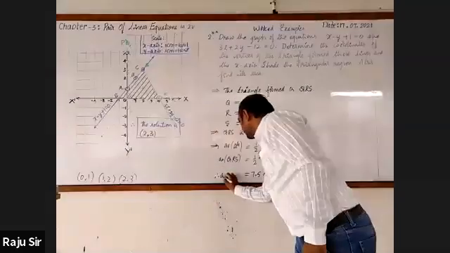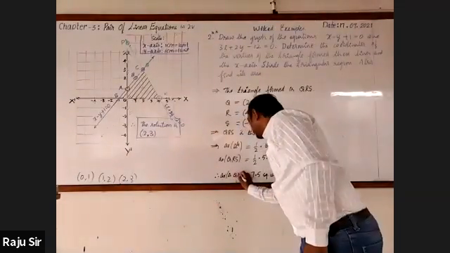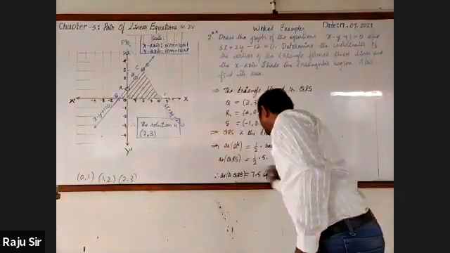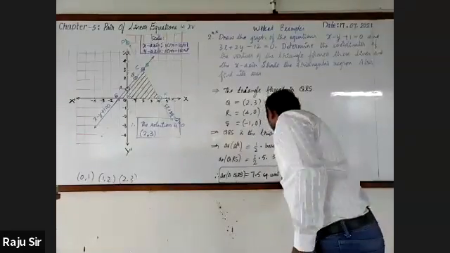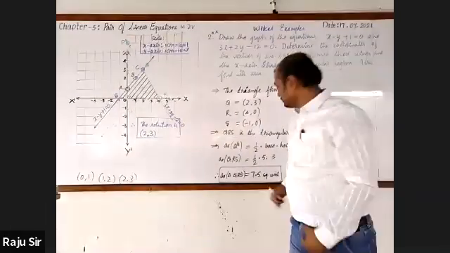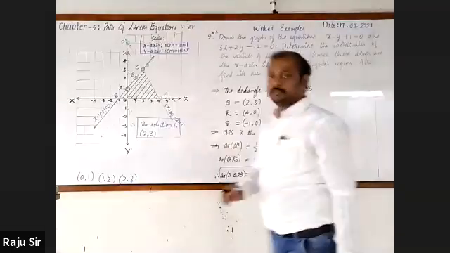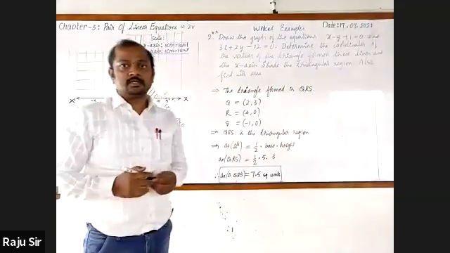Therefore, area of triangle QRS is equal to 7.5 square units. Got it?